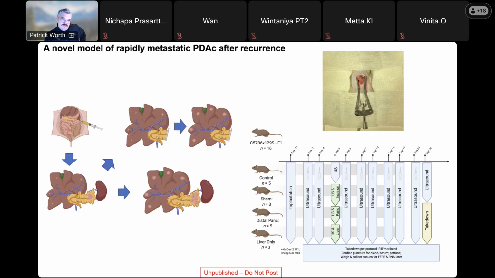And so we moved into an orthotopic model where we inject about 5,000 pancreatic cancer cells derived from this mouse background. So they're injected into mice that are immune competent, which was critical for our model.